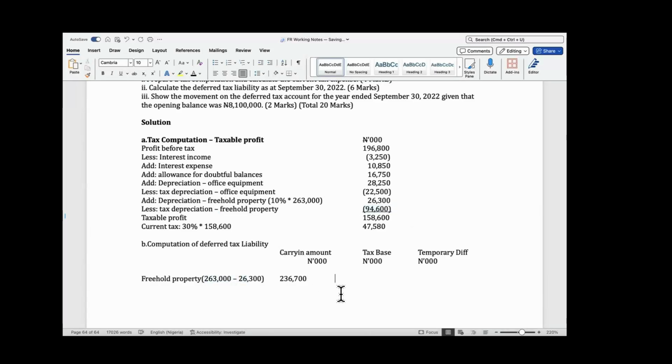So 263,000 minus 94,600. What does that give us? 168,400. 168,400. What's the difference?